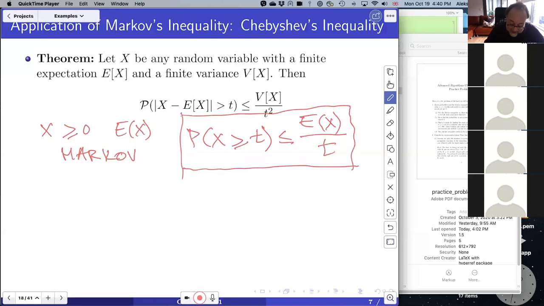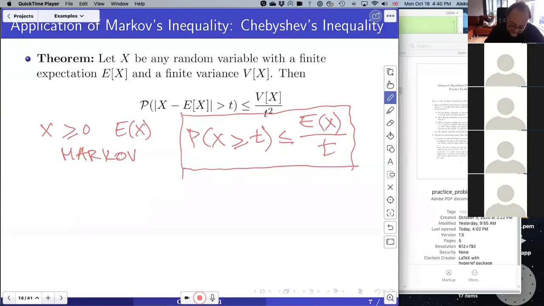Let me help you. Can T be smaller than the expected value of x? What happens if T is smaller than the expected value of x? What is this quotient equal to?